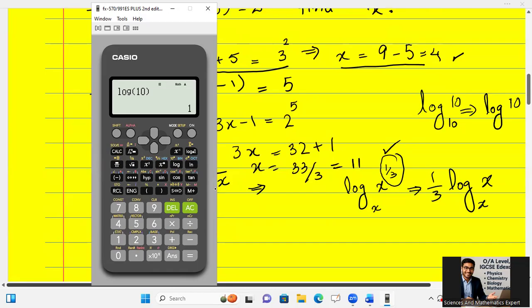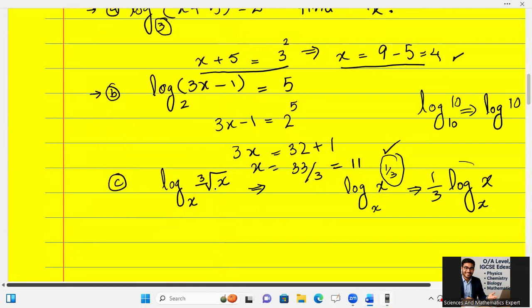When 5 and 5 are written, log 5 to the base 5, you get the value equal to 1. The same case I want to use here: 1 by 3 into 1 will equal 1 by 3. This is the way we can take it.